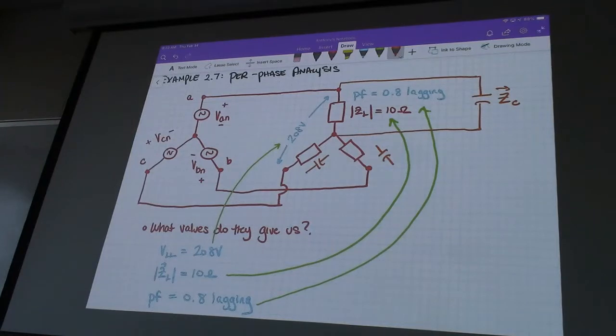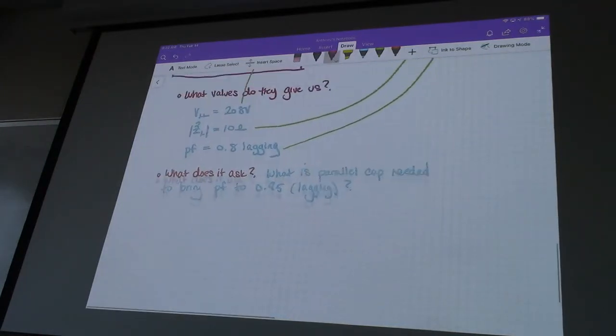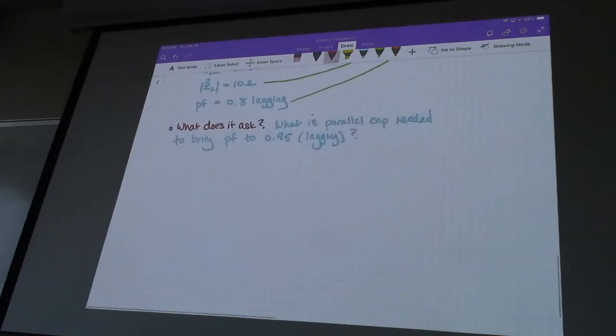All right. So let's use per phase analysis. First step here. What is this going to look like as a single phase?